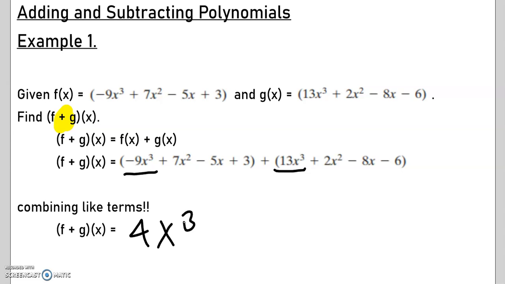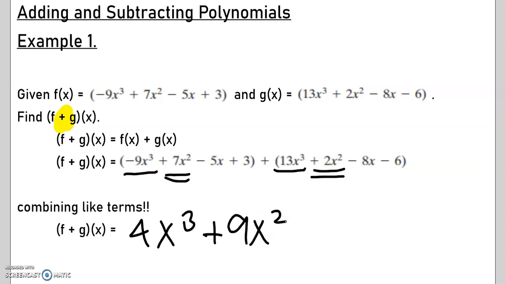And now I'm going to do plus 7x squared, that positive 7x squared, plus the positive 2x squared. I'm just focusing on things with 2 underline bars now. 7x squared plus 2x squared gives me a positive 9x squared.